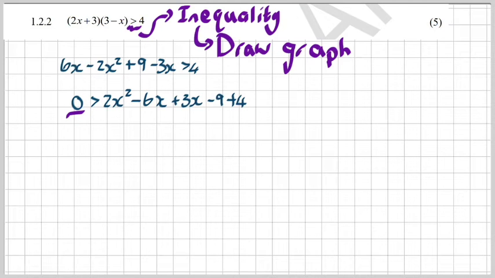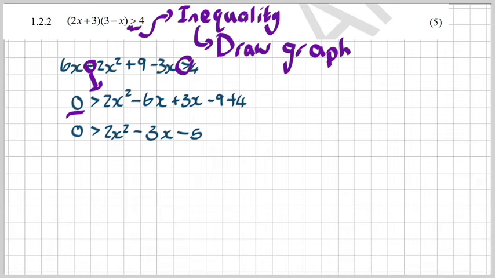Why? Because I want to make my negative 2x squared a positive. Okay, that's just easier for me. If you find it easier to divide straight through by a negative and have your inequality sign swap around, that's 100% fine. But I'm going to now write it in standard form.